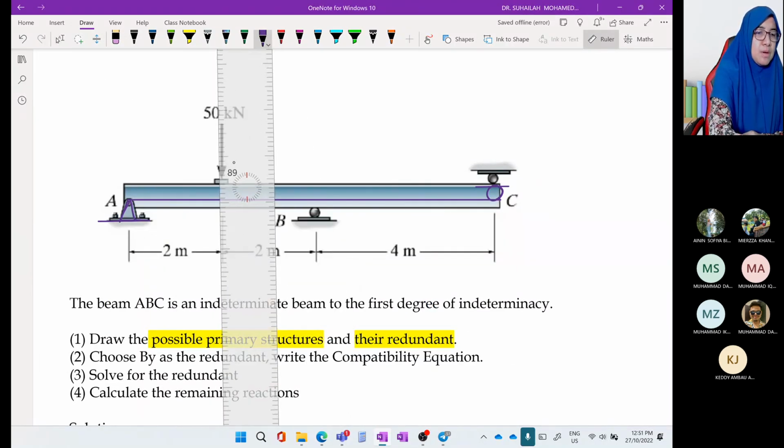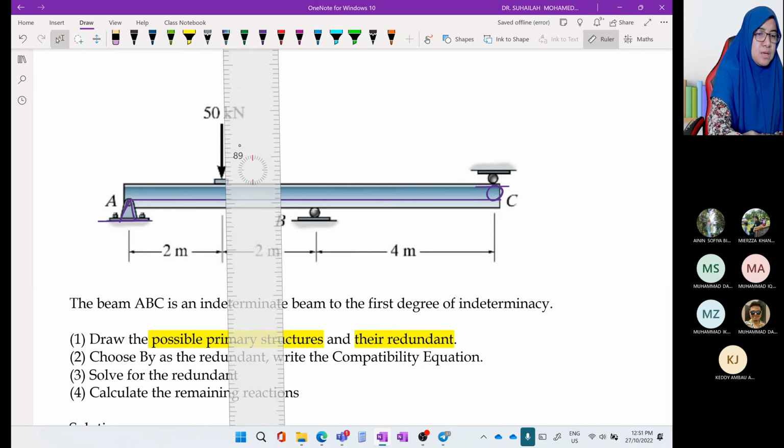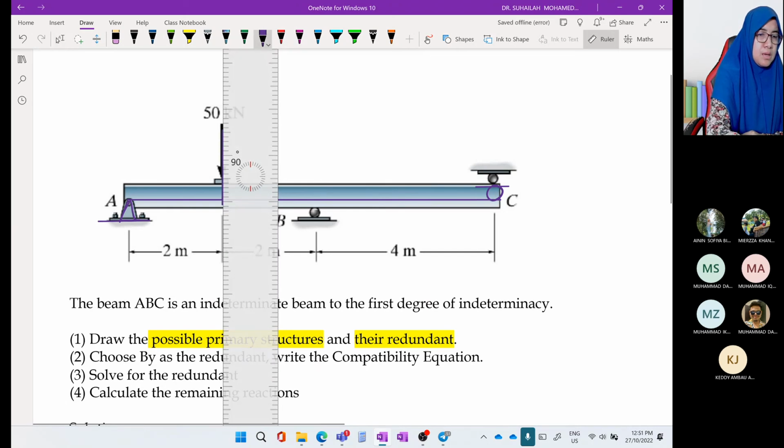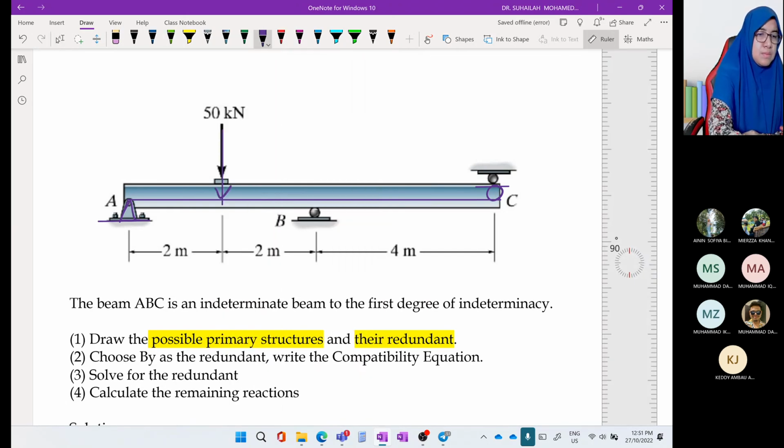And we still have the 50 kilonewton load.